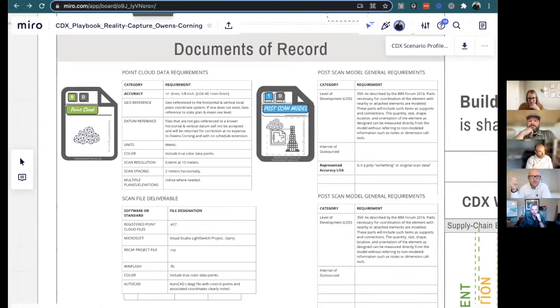Where my mind goes with that is use cases, and understanding which one of those priorities falls within the use case. Sounds like in this particular case, we're talking specifically as-built. And are we talking as-built existing conditions, or as-built as we go construction capture?